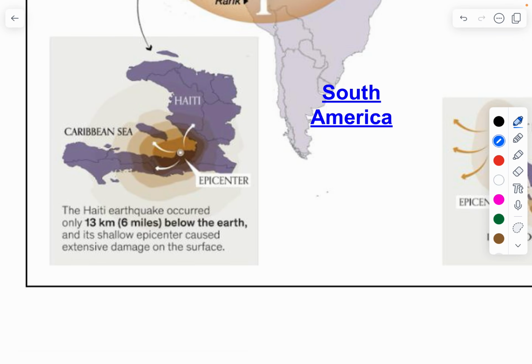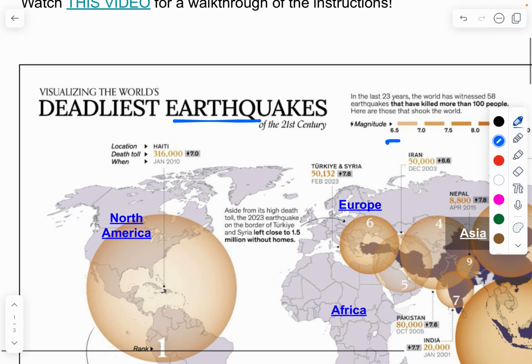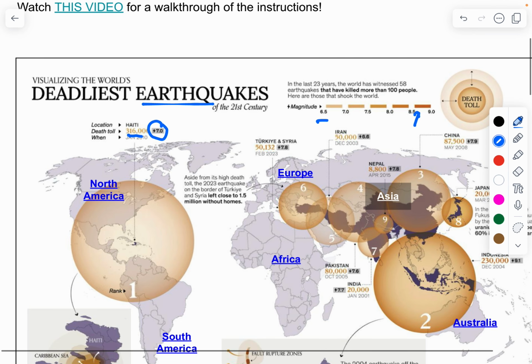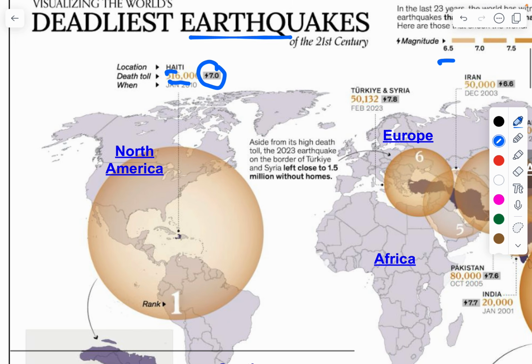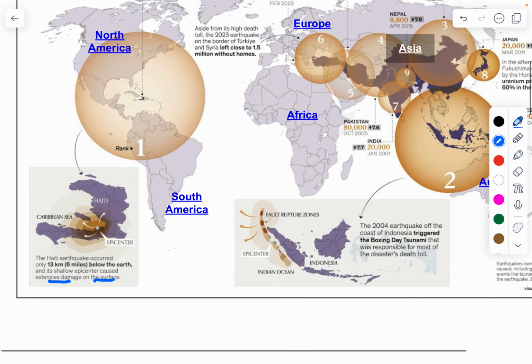It says, the Haiti earthquake occurred only 6 miles below Earth, and its shallow epicenter caused extensive damage on the surface. The magnitude of this is about 7, and look at that, it killed 316,000 people. That killed a lot of people. And the location is Haiti. All right, so that's what annotation is.